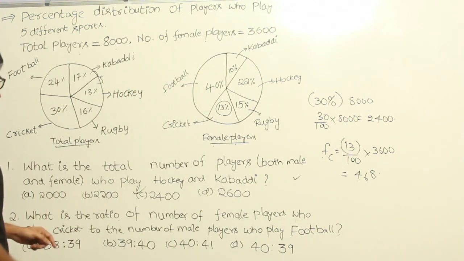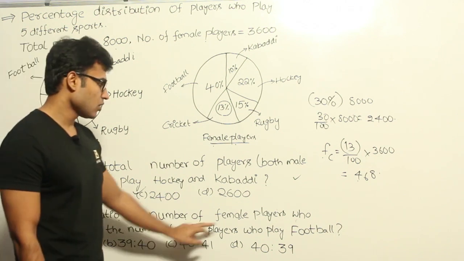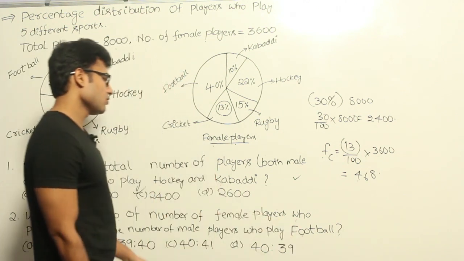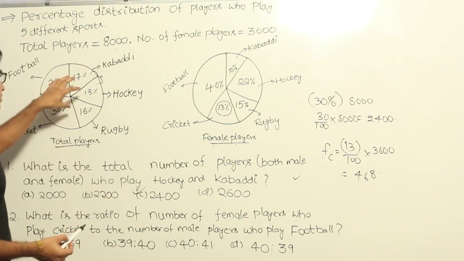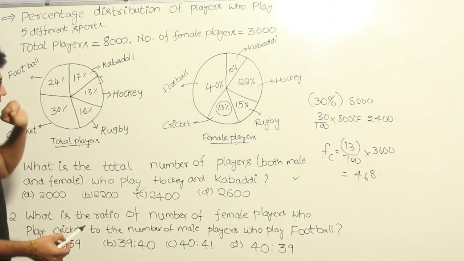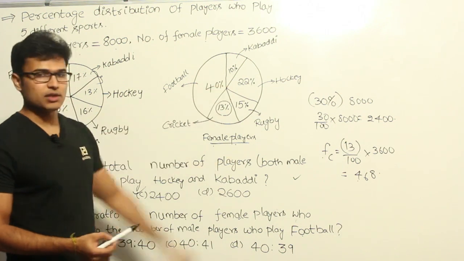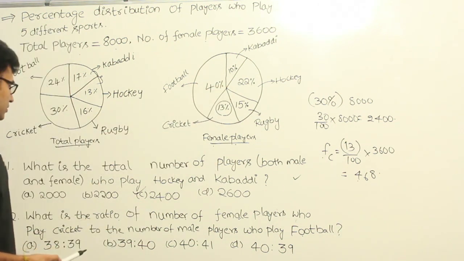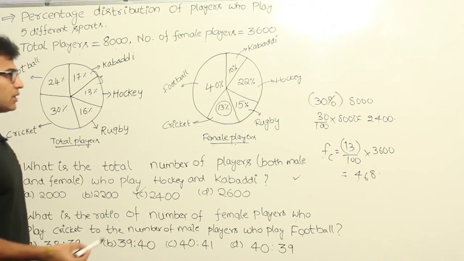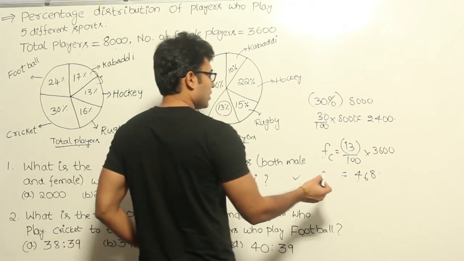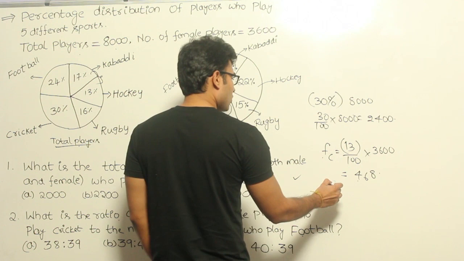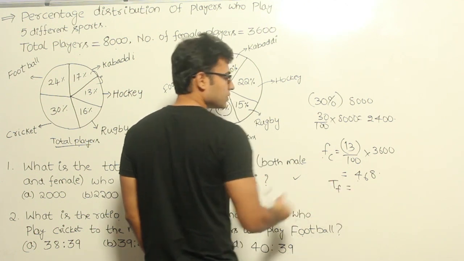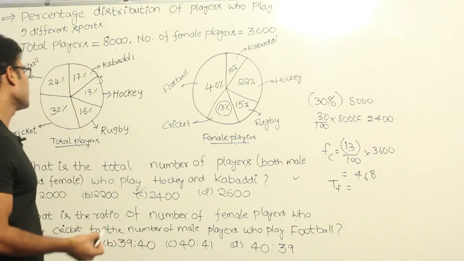Now we have to find out the male players who are playing football. To find that, find out how many total players are playing football. From that you subtract the female players who are playing football, then you get how many male players are playing football. Now I want to find out how many total players are playing football, including male and female both.